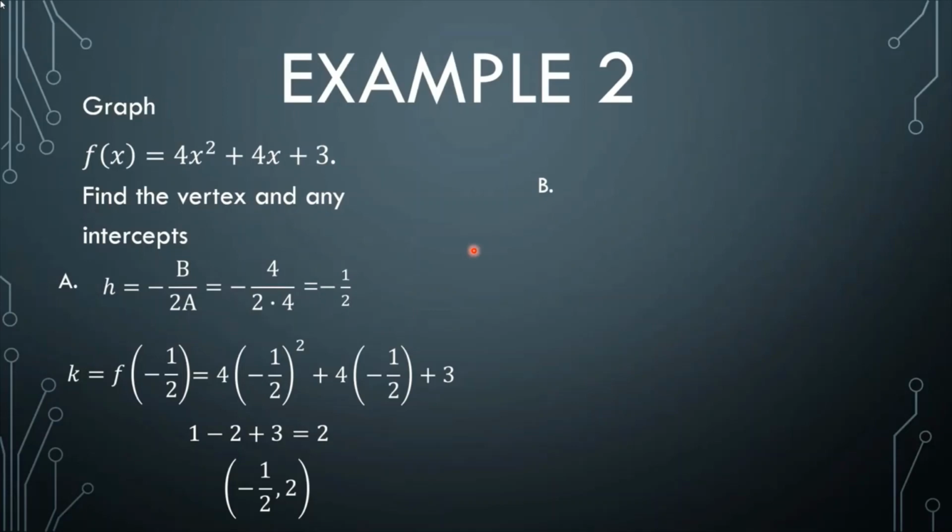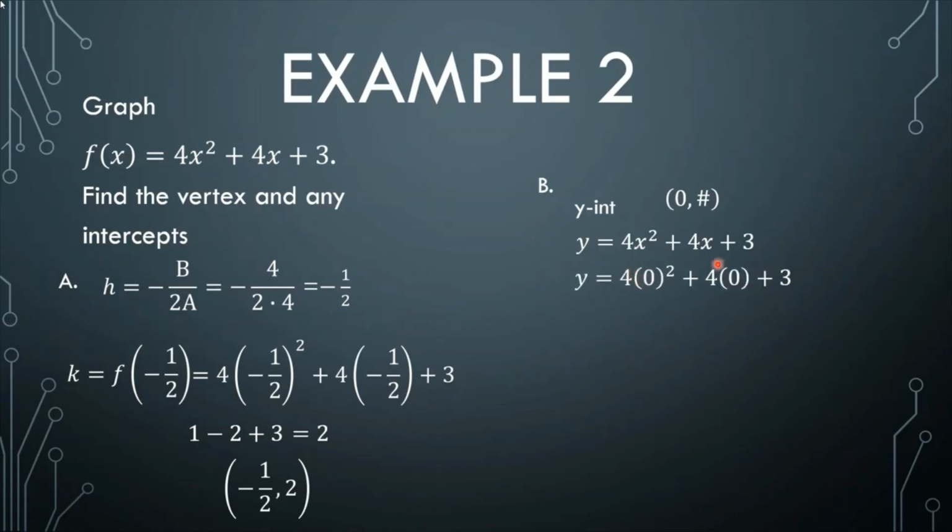B, we're going to look at the intercepts. And first we're going to find the y-intercepts, which is really easy to find. Just to recall, y-intercept is when your x is equal to 0 and your y is some number. So there's our function. Then replace all the x's with 0. This zeroes out, this zeroes out, leaves you with 3.